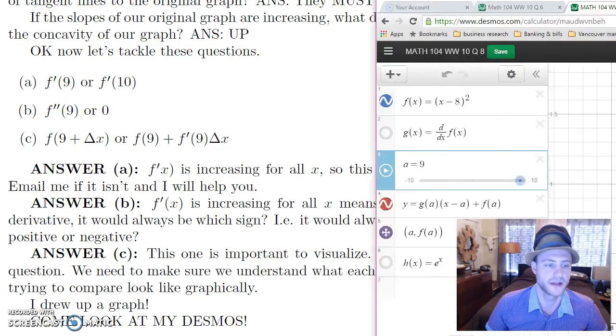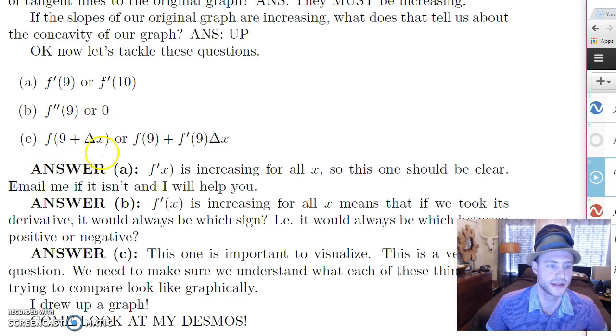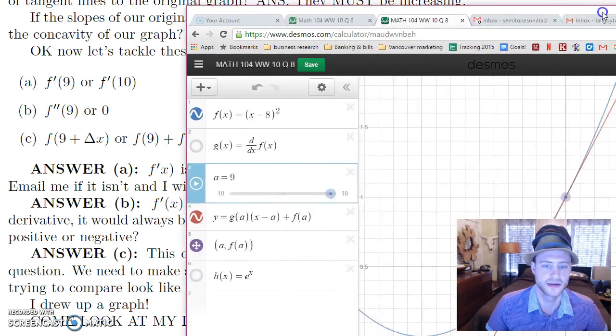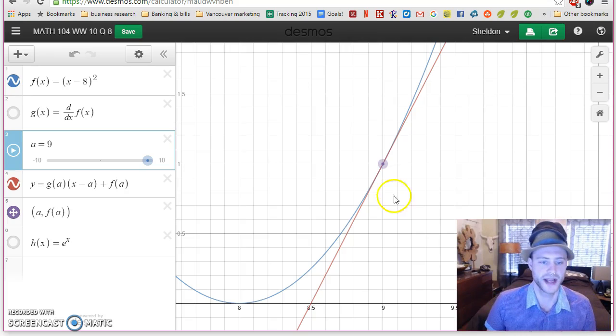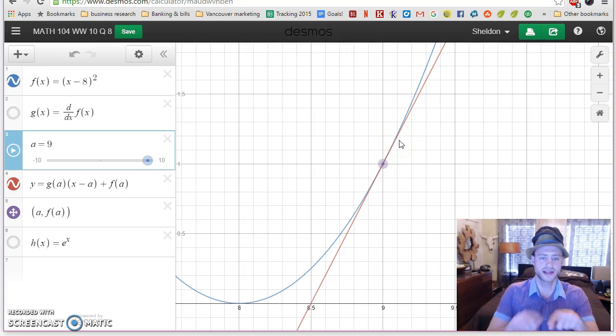That's what this one means. Now let's compare that to f at 9 plus f prime at 9 times delta x. F at 9 is this height, where the purple dot is right now, plus the slope times some small movement in x. The slope times some small movement in x will give you the red. That ensures that you stay on the red graph.